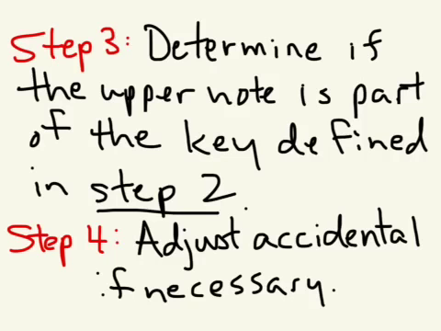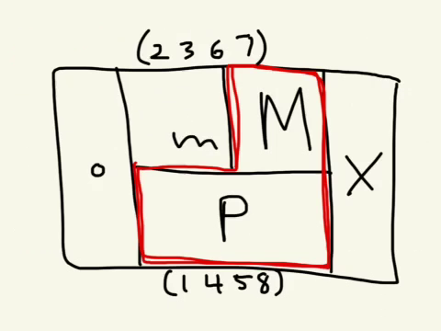Step 3, determine if the upper note is part of the key defined in step 2. And then step 4, adjust accidental if necessary. When you're doing this, I want you to refer back to this little diagram here. Intervals of 2, 3, 6, 7 are major within the major scale. If they've been lowered by a semitone, they become minor.